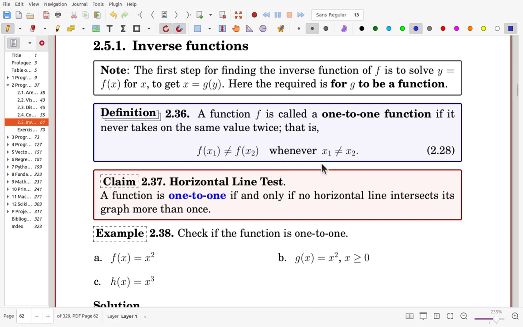That means that once x1 and x2 are different, then their images cannot be the same. Then the function is one-to-one. The one-to-one property can be checked by using the horizontal line test. A function is one-to-one if and only if no horizontal line intersects its graph more than once. I guess you learned it in high school already.